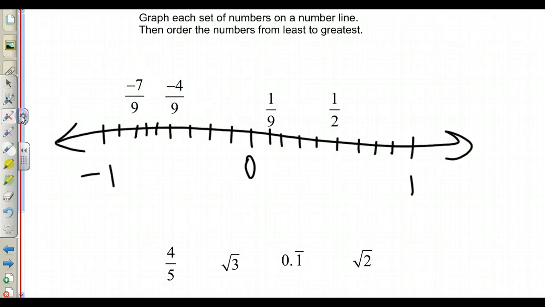So we could even put points at 4.5. That would be 1/2. 1/9 would be there, -4/9, and -7/9. So I think a number line can help us to order things from least to greatest. Least means smallest to biggest, and so these 4 numbers in that order would be from smallest to biggest.